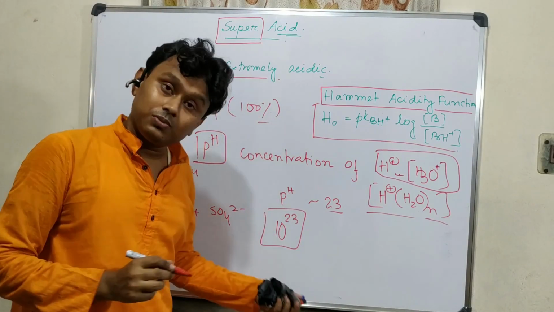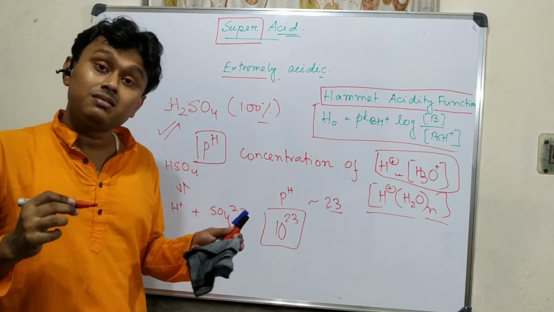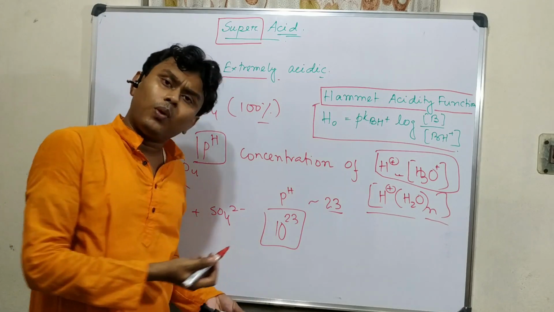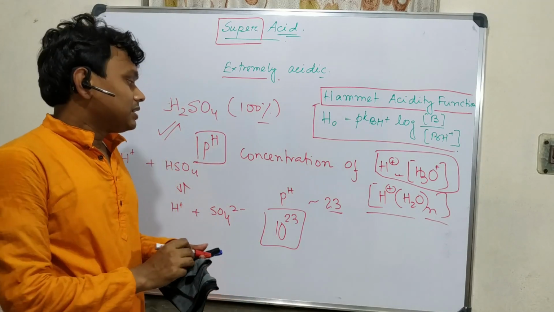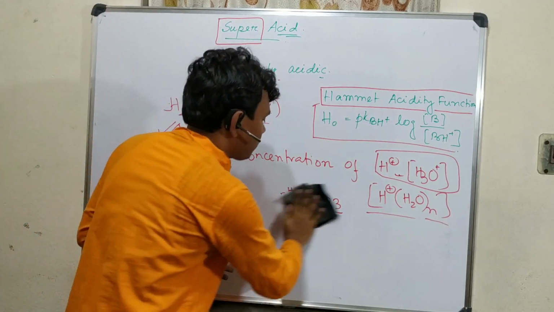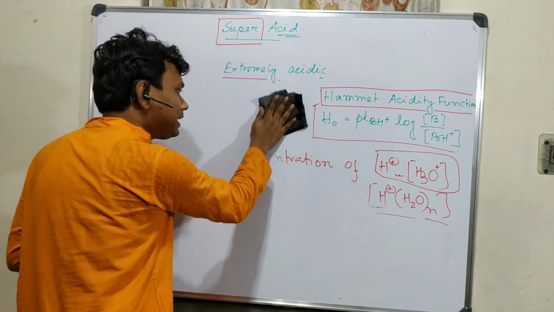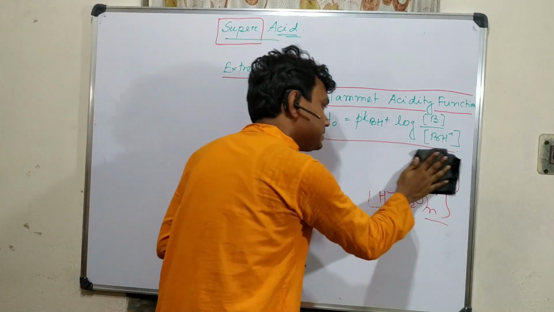It is not possible. It is incredibly high. This much density of protons is not possible. So this theory is not enough to explain superacids, and for that the Hammett acidity function is needed.